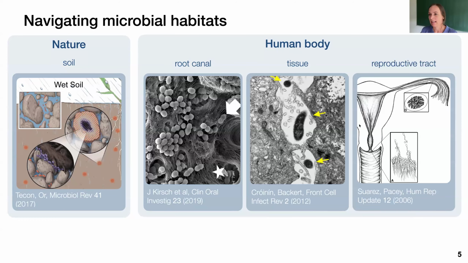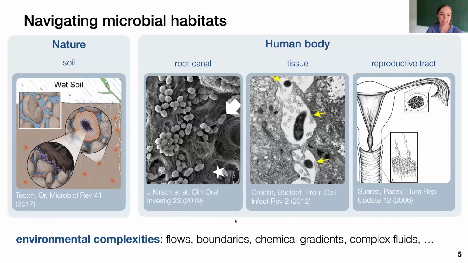And then there's the example of sperm cells that have to make their way through the female reproductive tract to ultimately fertilize an egg. As you may have noticed, these different environments impose different environmental complexities, such as flows, boundaries, chemical gradients, and complex fluids. These complexities shape the swimming dynamics of microorganisms and lead to patterns that are very different to what we know from simple bulk behavior.